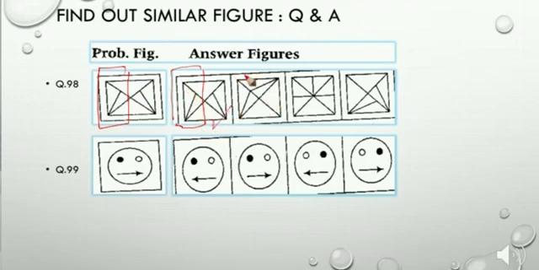In option 2, this half portion is not matching because this is an extra line. Let's check for option 3. In option 3, this is not matching. Option 4, this half portion is not matching. Option 1 is the correct answer.